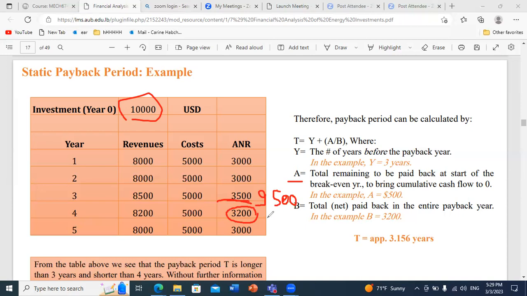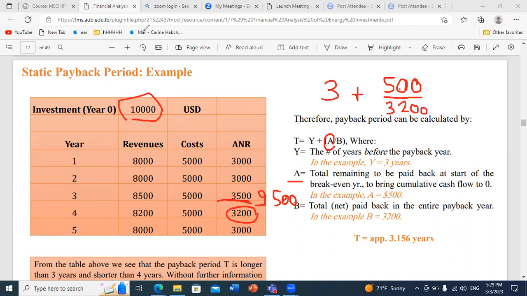So to compute the static payback period, we just have to add 3 plus A, which constitutes the amount of money that is remaining to pay back the 10,000, which is 500, over the amount of money that we will gain during year 4. So over 3,200. So here approximately the static payback period is 3.156 years.